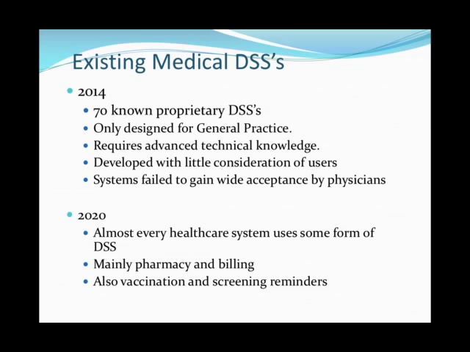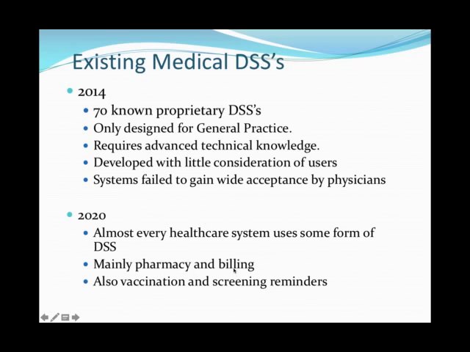Even every hospital in Jordan has the lab system based on a computer system now. So almost every healthcare system uses some form of decision support systems, especially in things like the pharmacy.